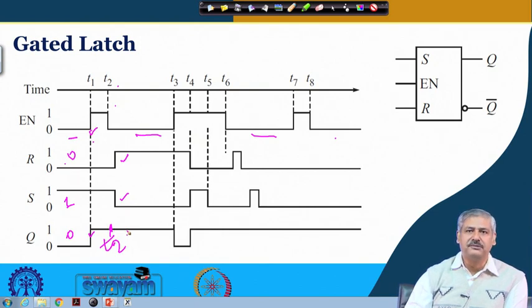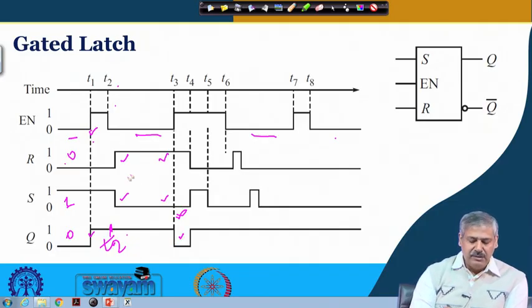Because enable is low. Again it gets the enable signal over here at T3. At that time it checks the value of S and R. S is 0 and R is 1. So, at that time it will become reset.